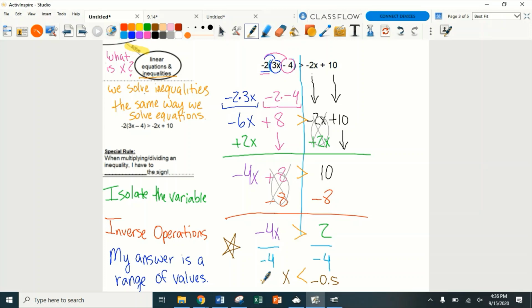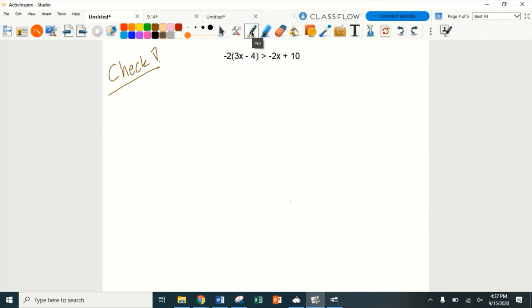We've solved the problem. The very last step is to check our answer. So here's my check. I think x is less than negative 0.5.